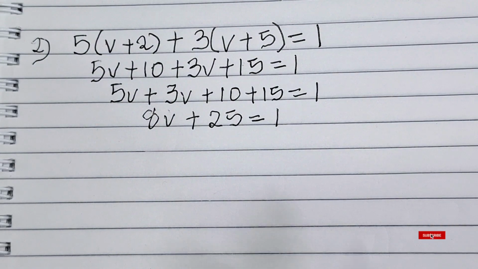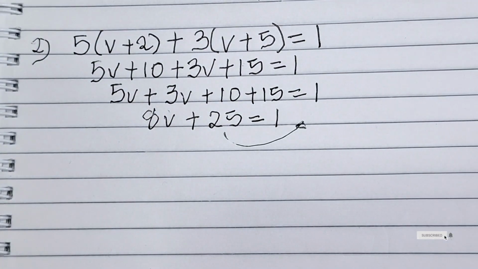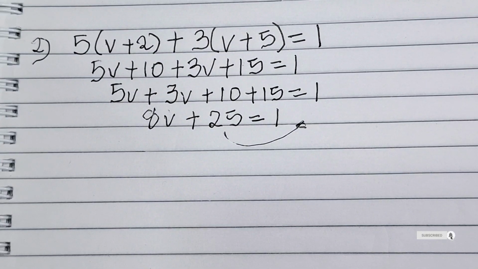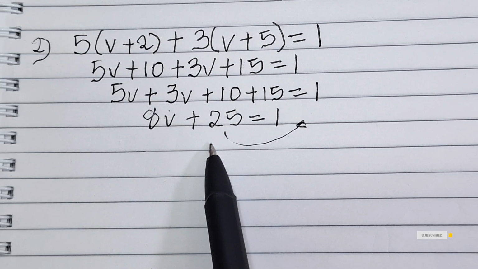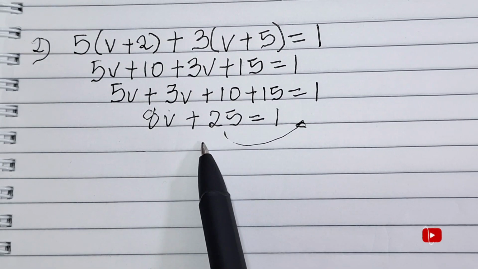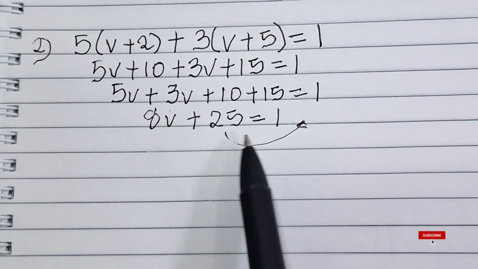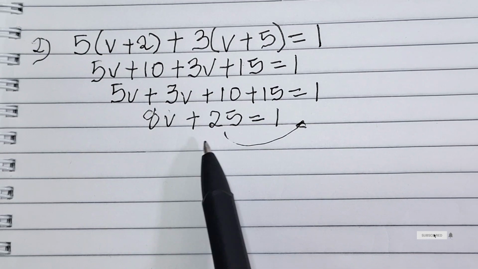Now, I'm going to carry 25 to the other side because my aim is to let v stand on its own. So because it's plus 25, either I subtract 25 from both sides, or I just take this over, and because it's crossing the equal sign, the sign changes from positive to negative.